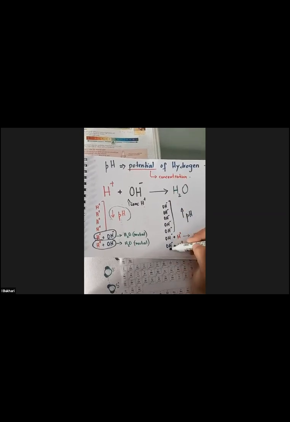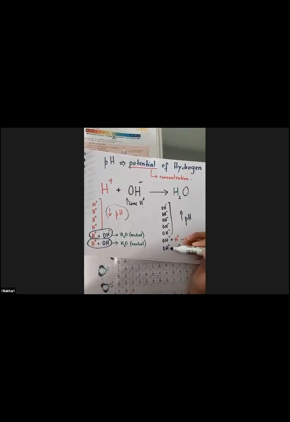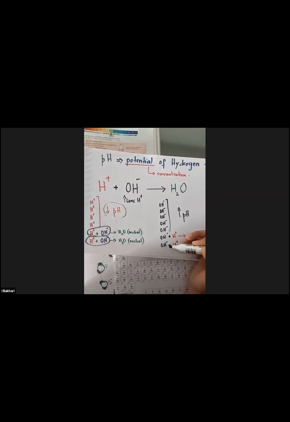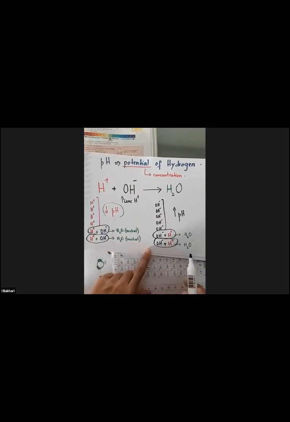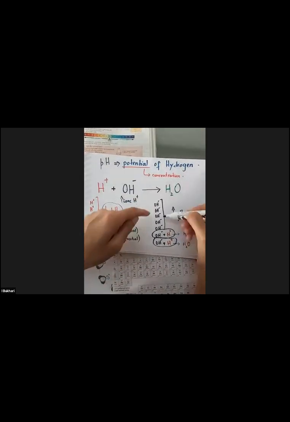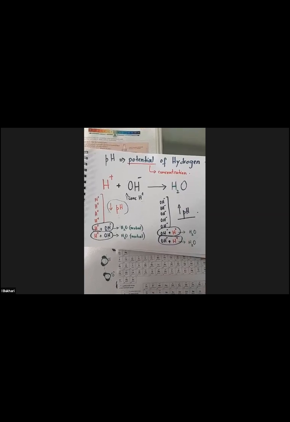Same is the case with hydroxide ions. If the concentration of hydroxide ions is too much compared to hydrogen ions, the hydroxide will react with hydrogen ions giving water molecules. The remaining hydroxide ions will lead to higher pH. I hope you understood this.